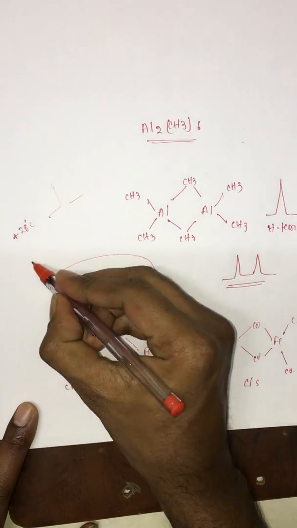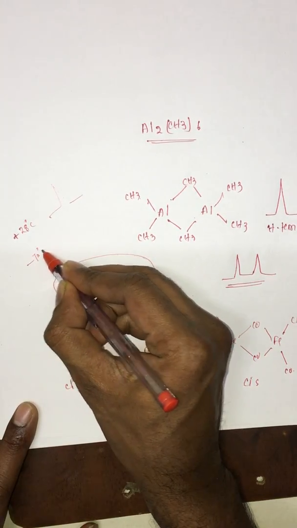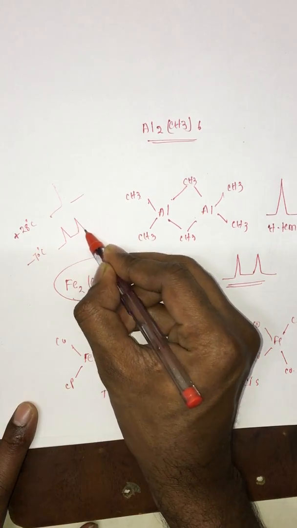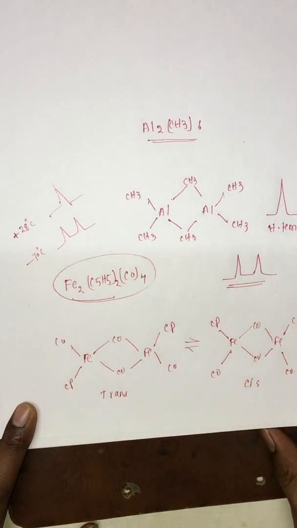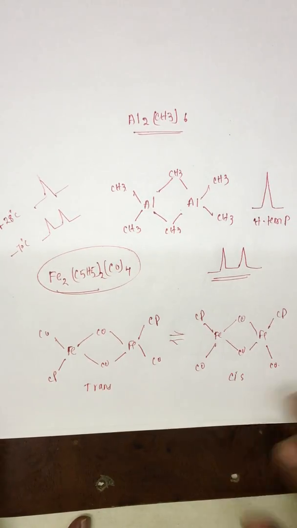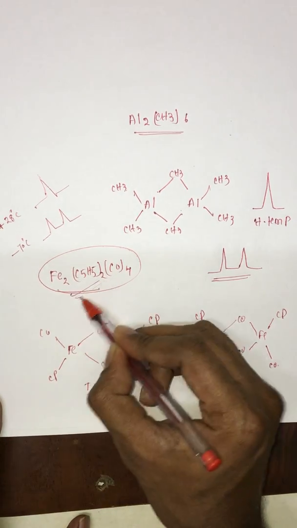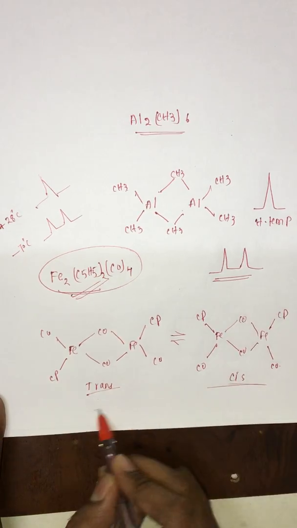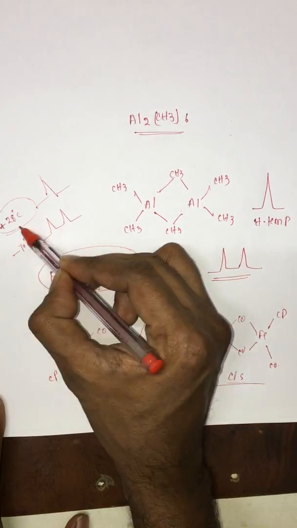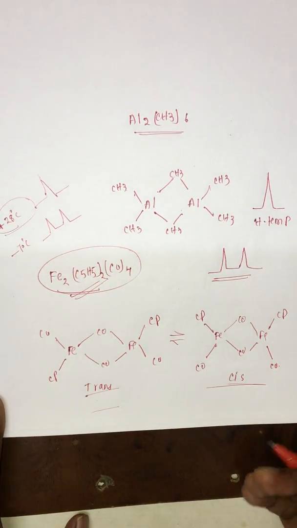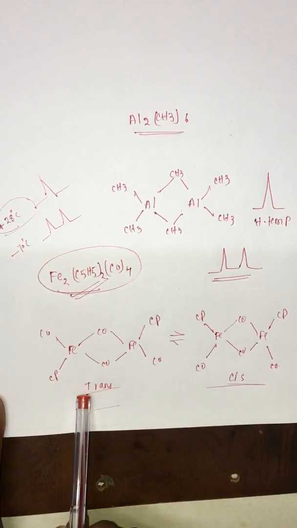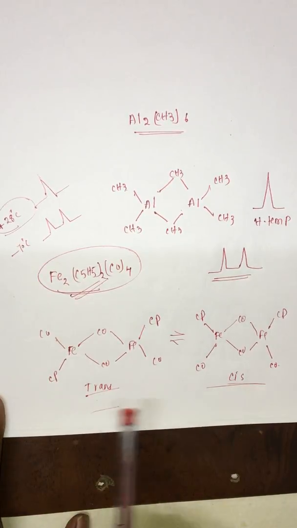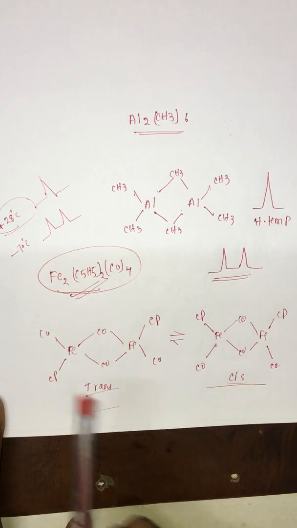Okay, and when we go to minus 70 degrees centigrade, here we will get a doublet. So in this case this complex is existing in the form of cis as well as trans. At 28 degrees centigrade, at high temperature, we cannot differentiate trans and cis. They are both in equilibrium, so they will show only one peak.